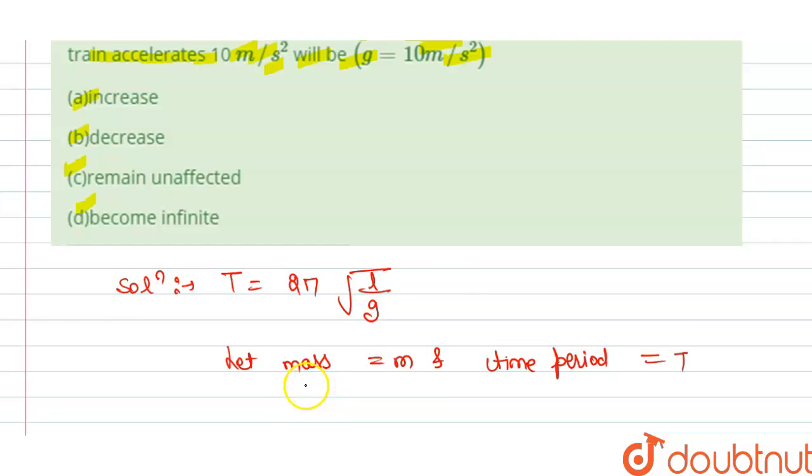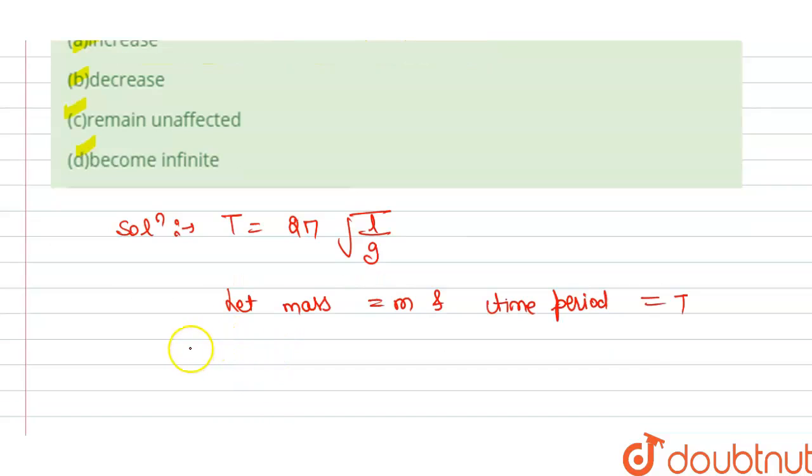uniform acceleration, the pseudo force acts on the pendulum in the direction opposite to the direction of the train. As a result, we see that the effective acceleration of the pendulum will also increase.